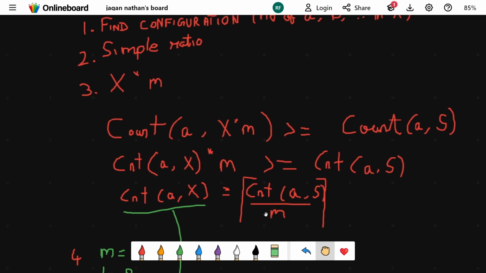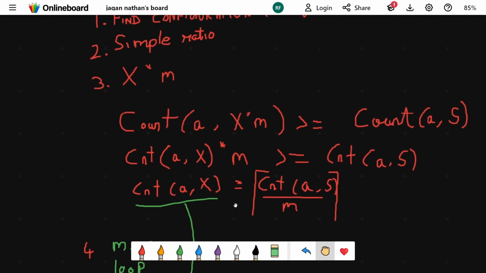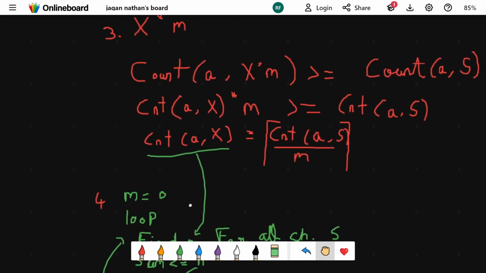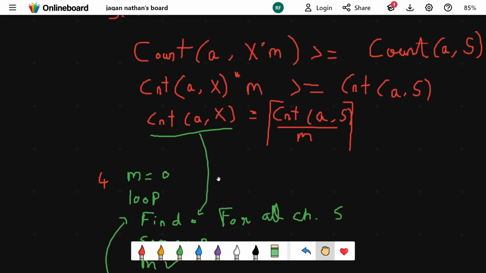Well, but we don't know m, right? That's the thing here. We don't know m right now, so we cannot figure out what the count of A in x is. But what we can instead do is iterate over the values of m. Let's say m is initially 1. We can iterate from m equal to 1 till m equal to length of S. Why length of S?